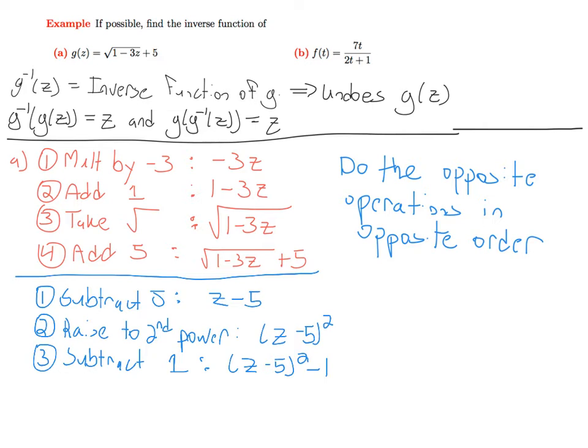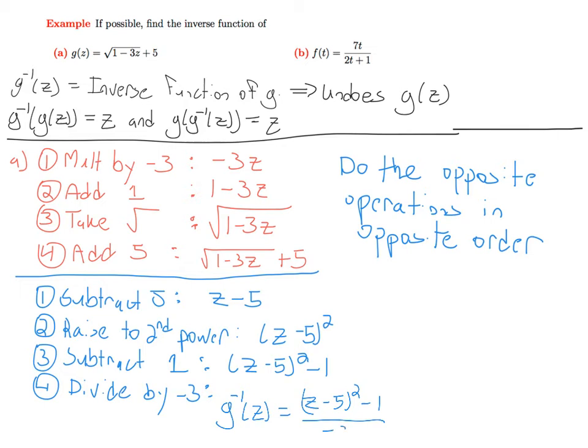And then lastly, the opposite of multiplying by minus 3 would be divide by minus 3. So that would give us, in the end, g inverse of z, which is z minus 5 squared minus 1, all divided by minus 3.